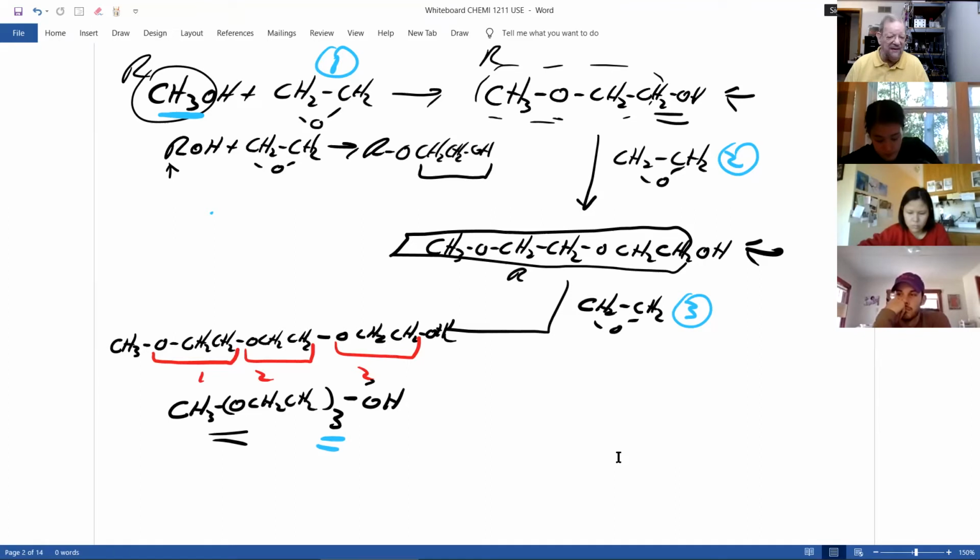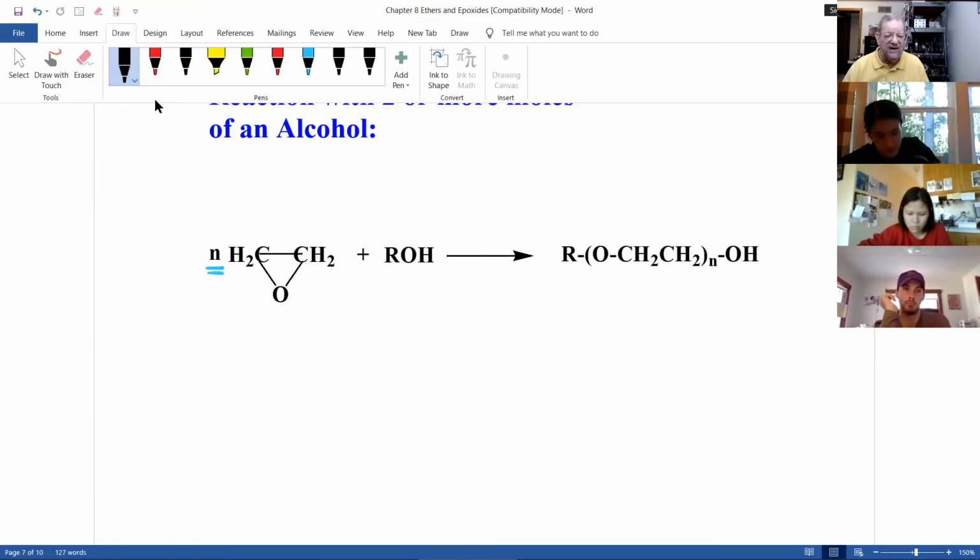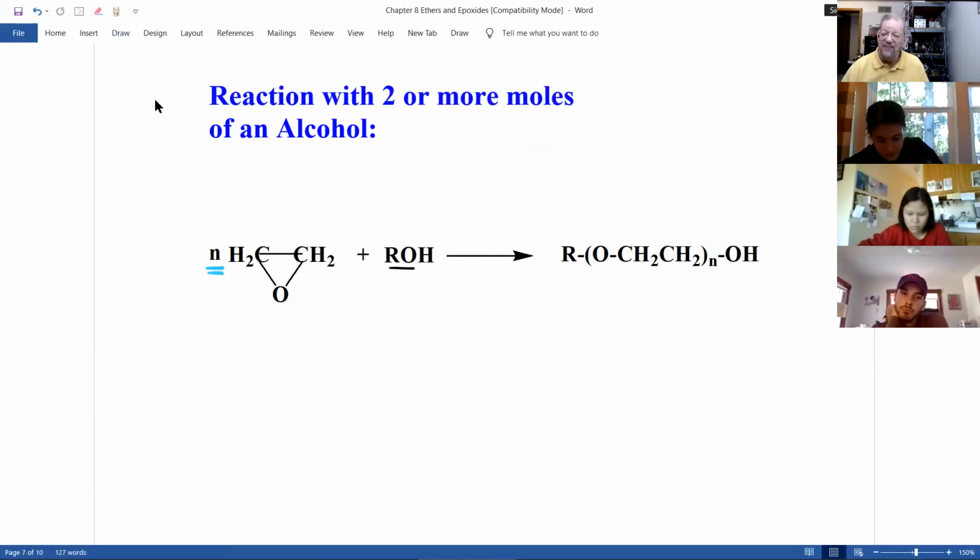And if we go back and look at the reaction, if I have N moles of ethylene oxide reacting with an alcohol, I get this polyether alcohol.